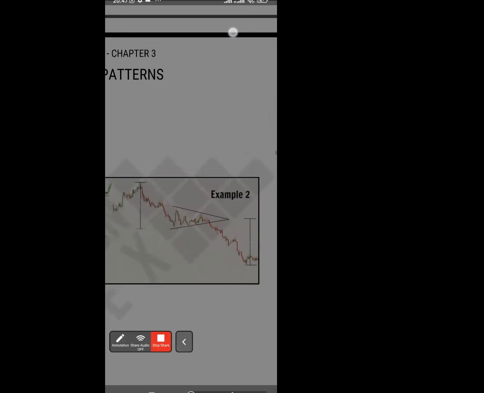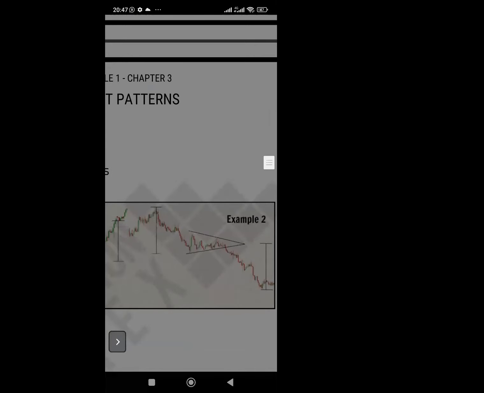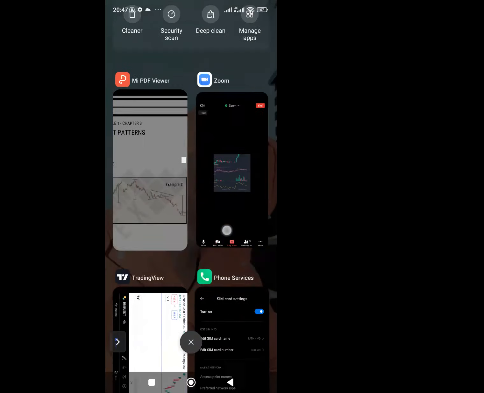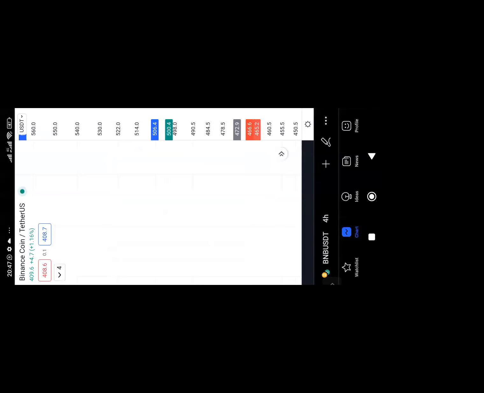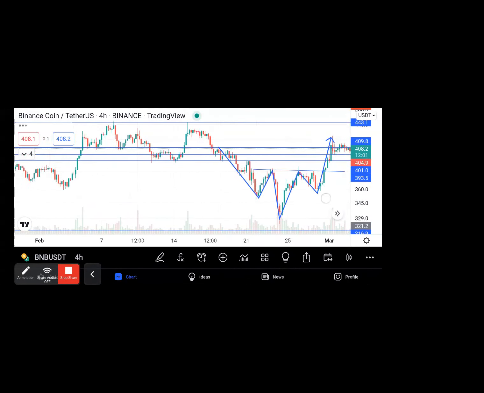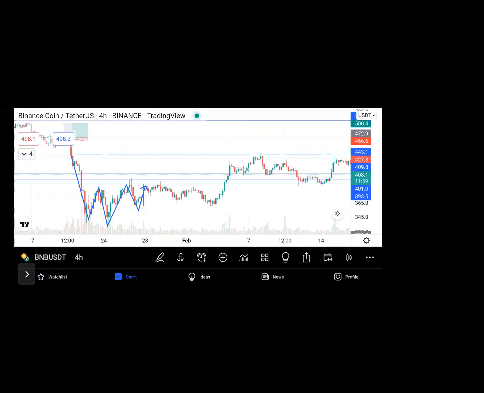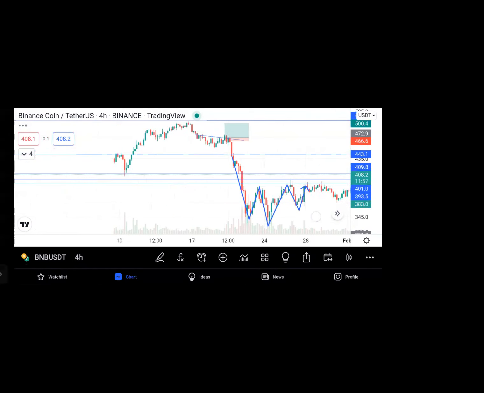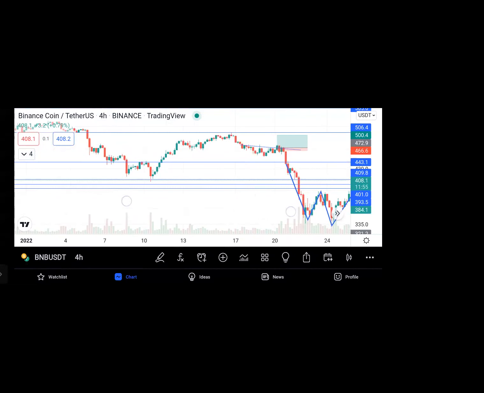All right, let's see if we can identify any of these pennant patterns on our chart. It would be difficult to differentiate them from the symmetrical triangle, but let's see if we can. I think the 4 hour chart.